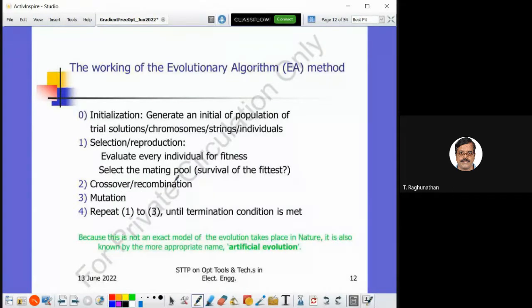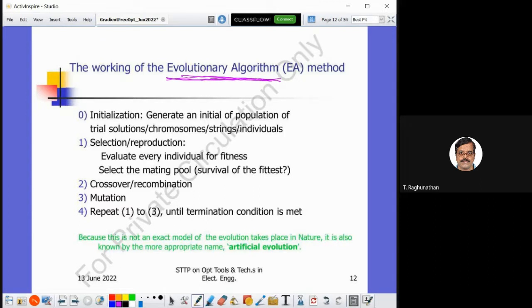Okay, so we'll have a look at one of those methods, and we'll start with the evolutionary algorithm. Evolution is something that you probably studied in high school biology. We'll see what its relation is to the evolution we studied, but for now we'll take it little by little.